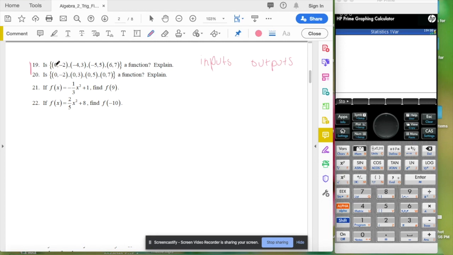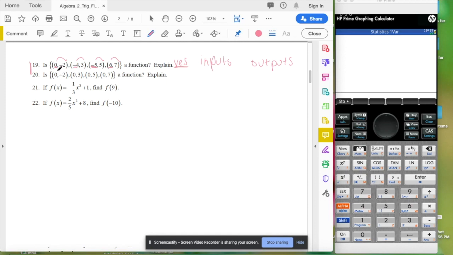The easiest way is to look at it and go, okay, we have 0, -4, -5, and 6. Each of these inputs has a different output, and we don't have any repeated inputs. So yes, it is a function.